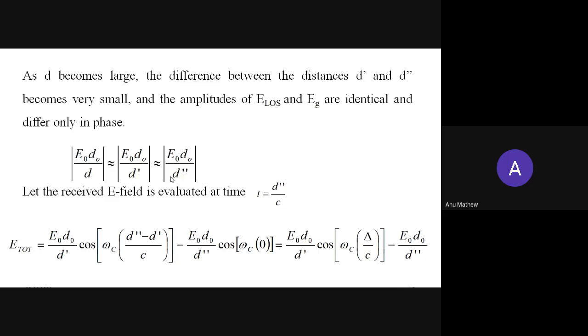Then the received electric field is evaluated at time t equal to d double dash divided by c. The received electric field which is evaluated at a time t is equal to d double dash by c. So we can substitute t is equal to d double dash divided by c. So we will get E total equal to E naught d naught by d dash cos omega c.